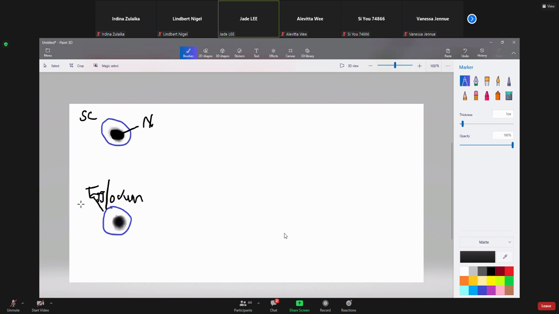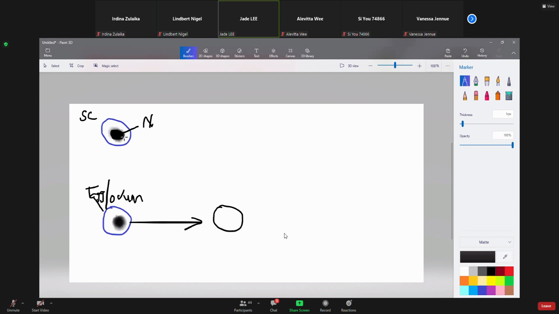So how Dolly was created is that they used a technology by removing the nucleus inside the ovum, and then this is what we call an enucleated egg.